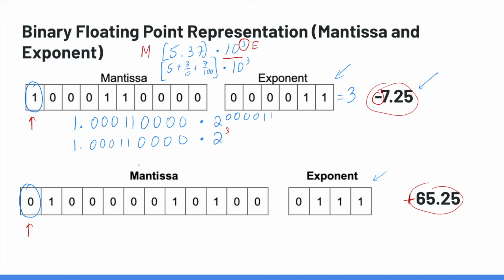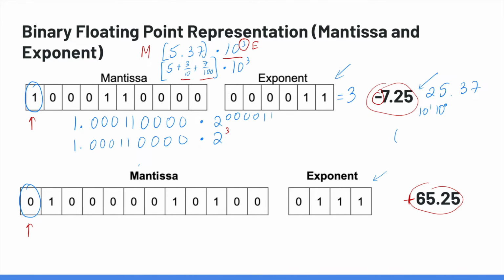So if you think about decimals in our usual base 10 notation, this is basically how it works. Like if we have 5.37, or let's say we have 25, this is going to be 5 times 10 to the power of 0, 2 times 10 to the power of 1.